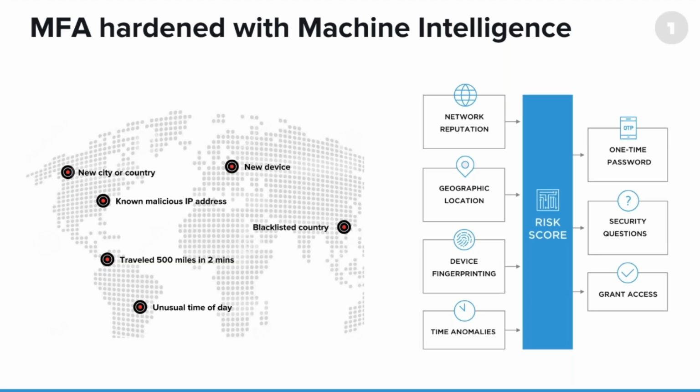Whenever there's deviance from that typical usage, we calculate a higher risk score. And when the risk score is high, we prompt for MFA. We call this adaptive authentication. It's a type of risk-based authentication that uses machine intelligence, because we're prompting for additional authentication factors when the risk is calculated to be higher than normal.